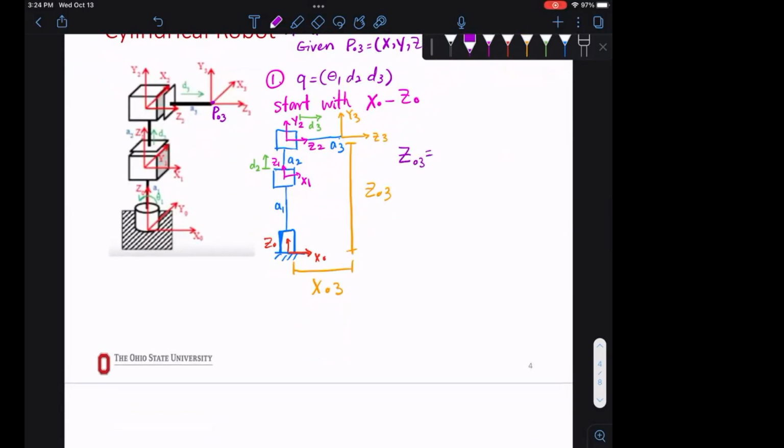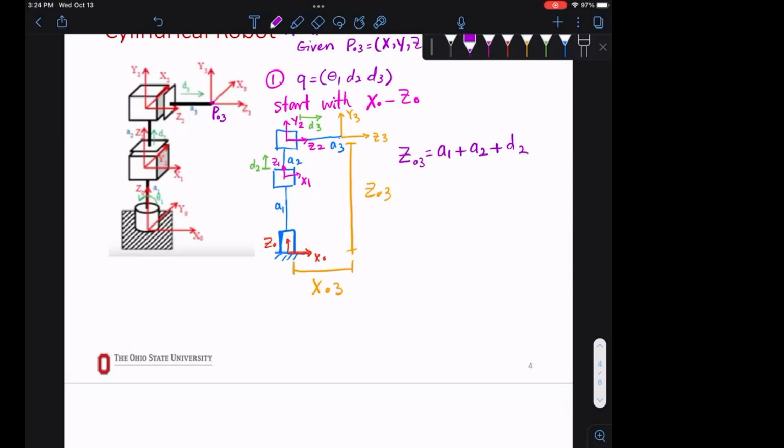So Z03 is A1 plus A2, the length of the fixed part of the link, plus whatever D2 is, however much the prismatic joint goes up. So it would be A1 plus A2 plus D2. Now, what was our objective? Why are we doing this?